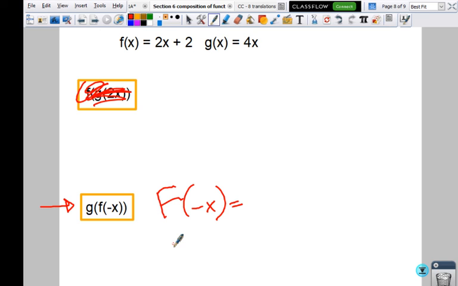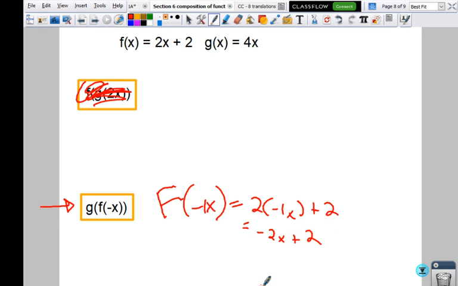Okay, yeah, you put a 1 right there, which is fine. Then negative 1x plus 2, in parentheses. And then, Devin, what do you do with that 2 on the outside? And we're going to get negative 2x plus 2.